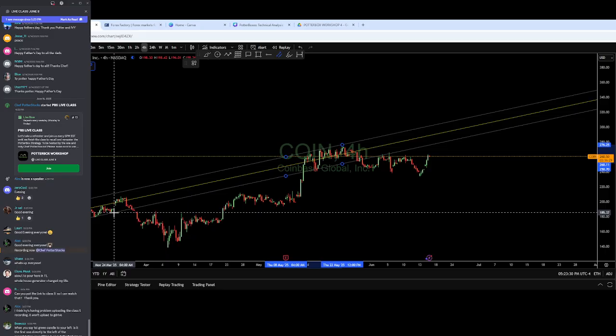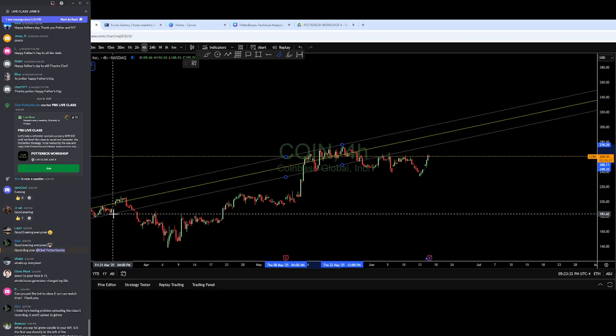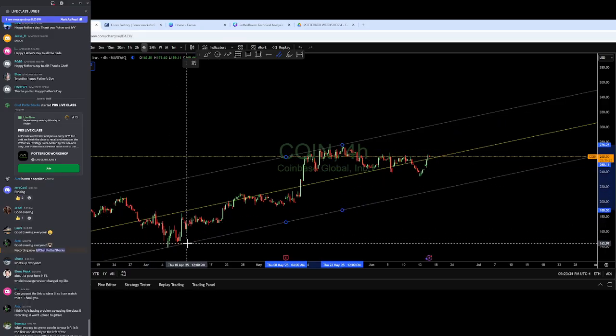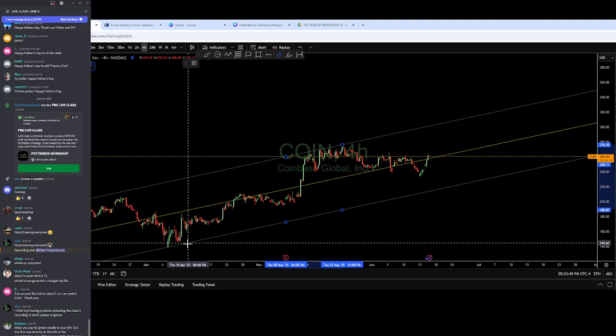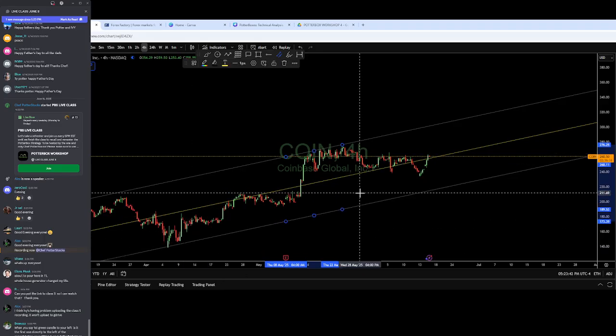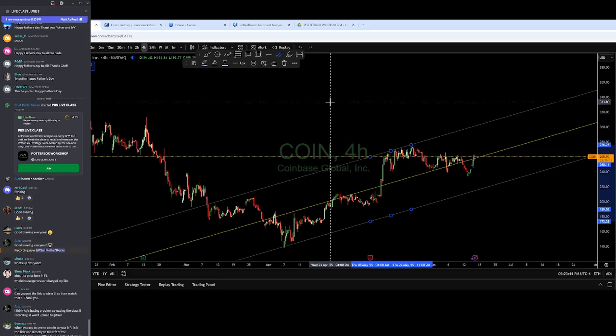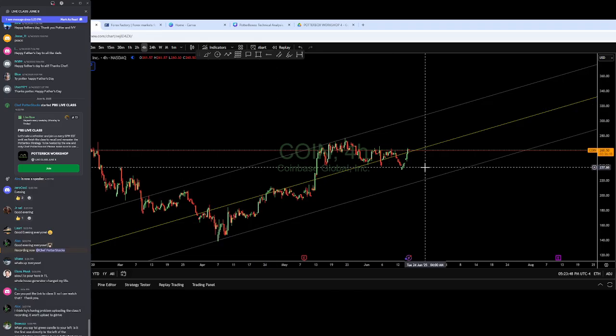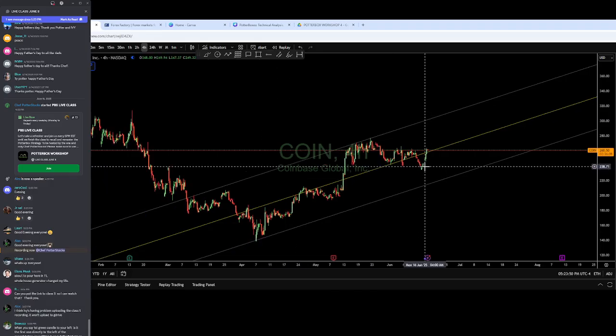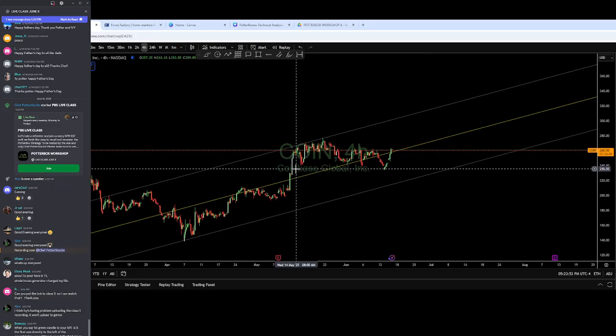It also adheres to the channel over here to my left. So I could assume, by looking at this, that this whole thing is probably an incomplete channel, but is the current uptrend channel for the coin.